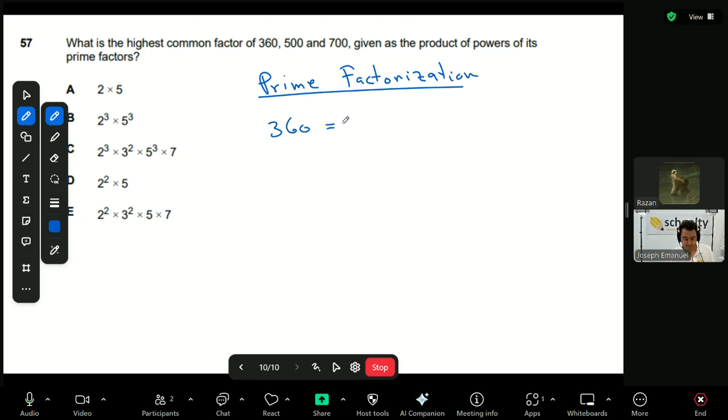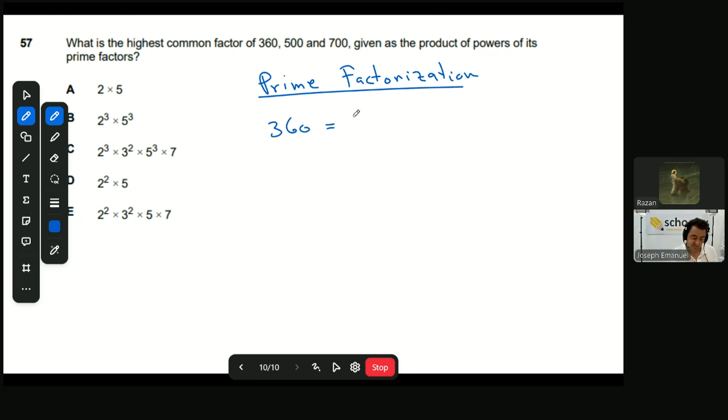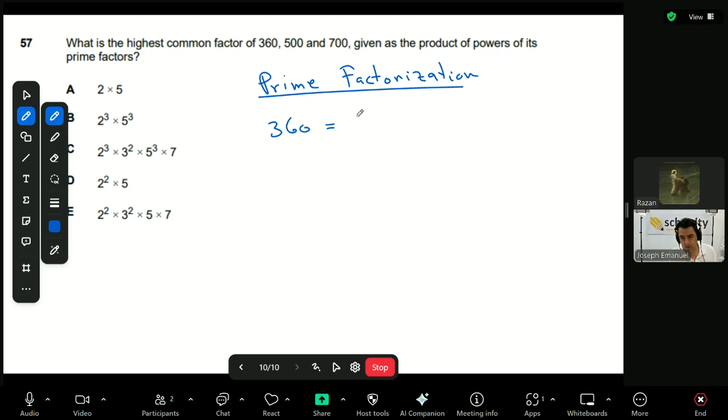360. How to start? You have a 9 here, which is 3 squared.